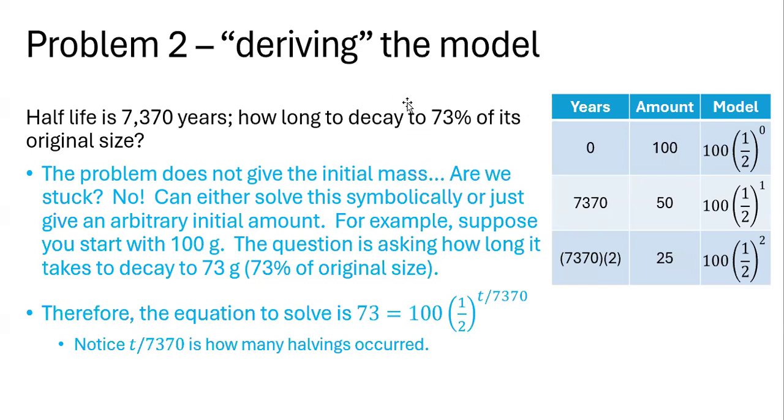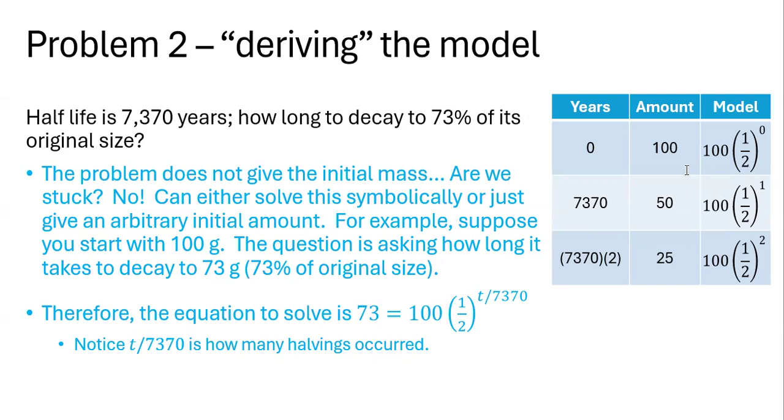The question was asking how long it takes to decay to 73% of its original size. If the original size is 100 grams, what's 73% of that? That's just 73 grams. That's why I picked 100 grams. It's a nice number to get the percentage. So the question is essentially asking how long does it take to decay from 100 grams to 73 grams?